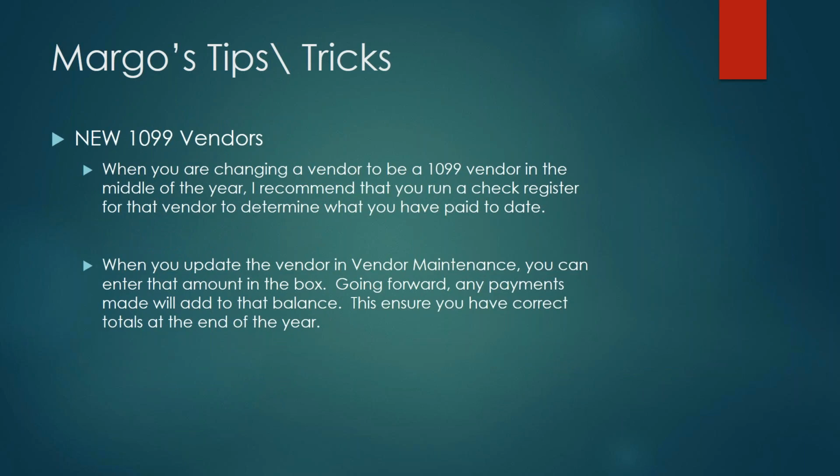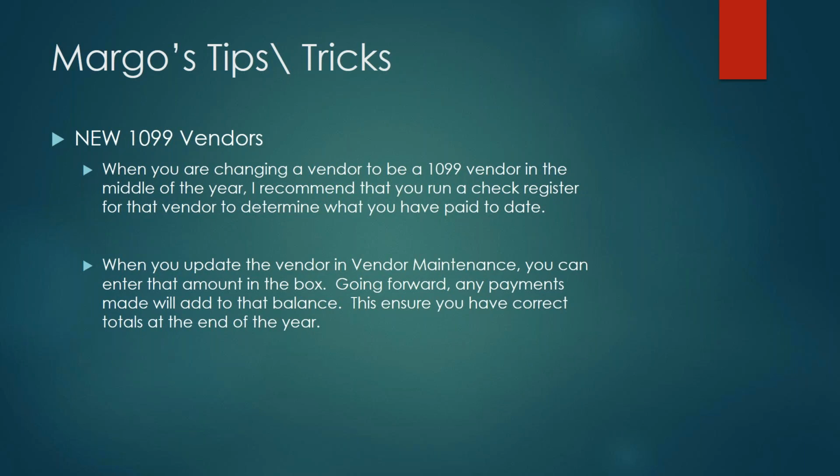Also, for new 1099 vendors, if you have a vendor that becomes a 1099 vendor in the middle of the year, I recommend that you run a check register for that vendor for the year to see how much you have actually paid that vendor.